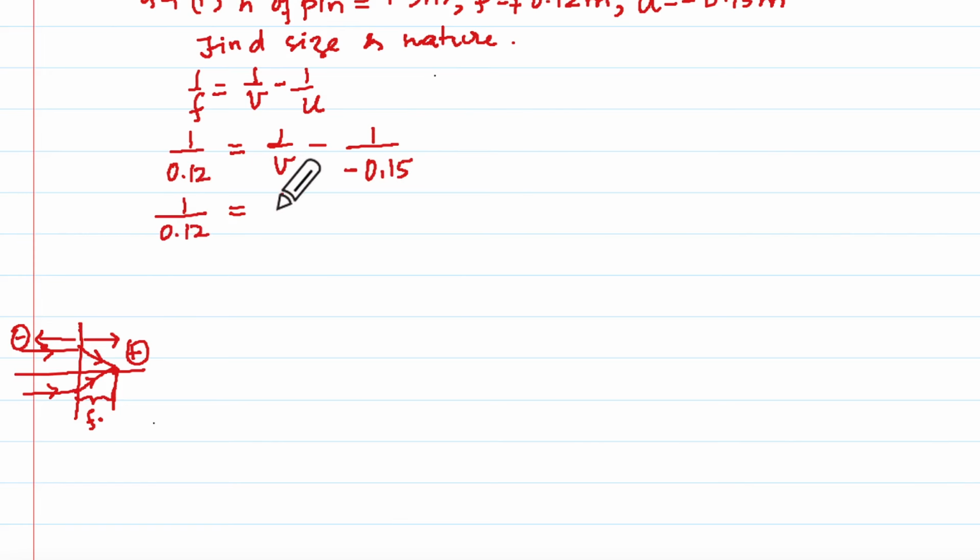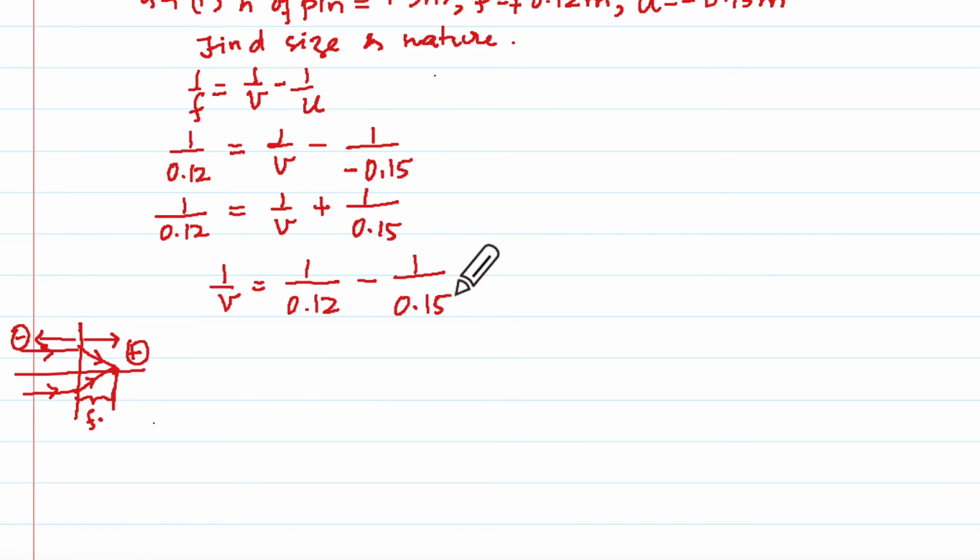Now I know that this is a little time consuming, but please show the change in sign now here. And 1 upon V will be equal to, this goes that side, so 1 upon 0.12 minus 1 upon 0.15. Unfortunately, you will have to show the numbers as decimals.